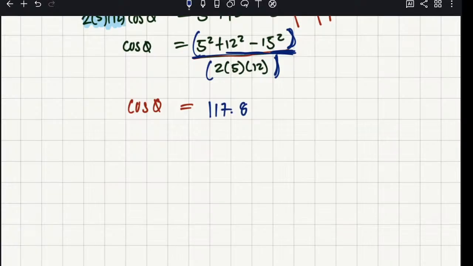Pakiso, Kingsley, Kosi, can I see your answers, please? Simon? Okay, Kosi, well done. I can see. Sarah. 117.8. So you now say theta is cos inverse of 117.8.